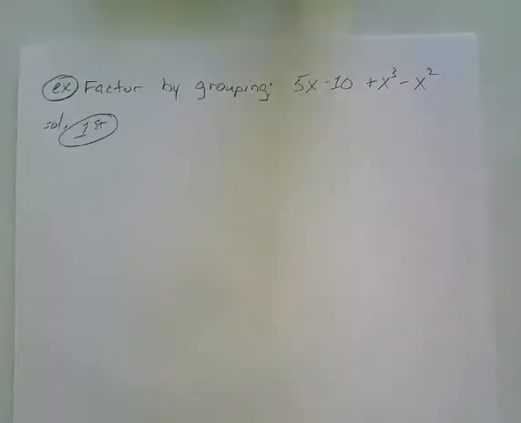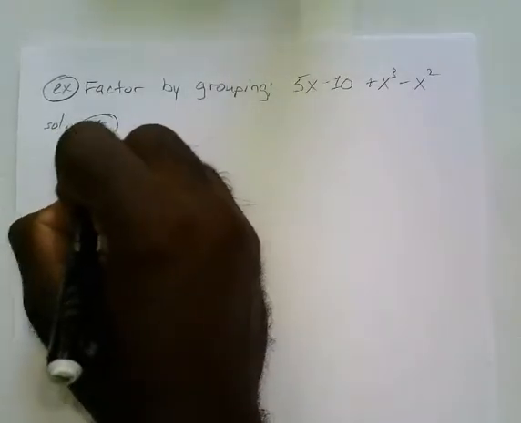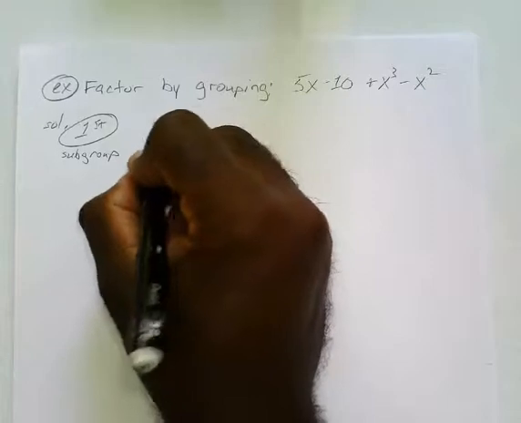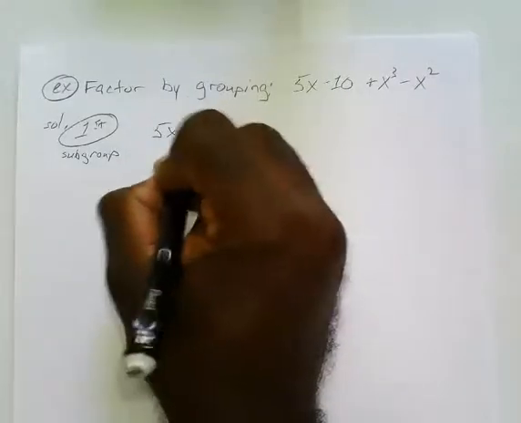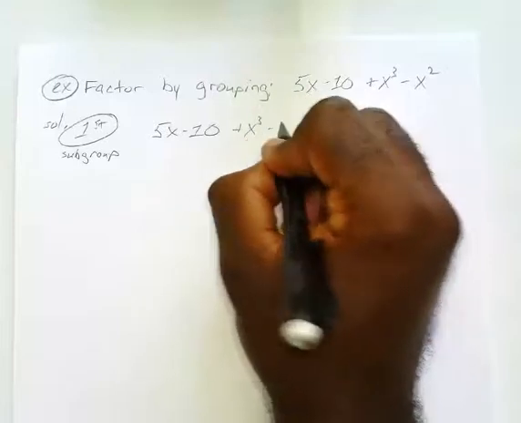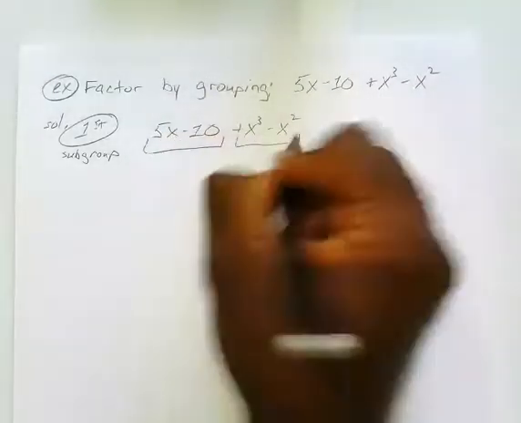You want to get your subgroup. So you have 5x minus 10 plus x to the third minus x squared. And we can go ahead and make our subgroup.